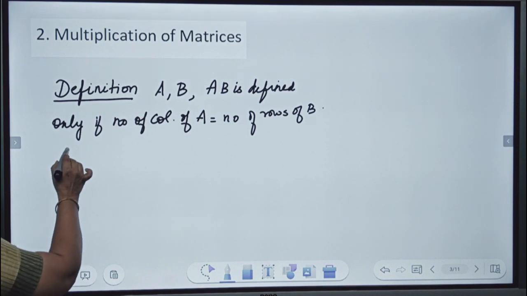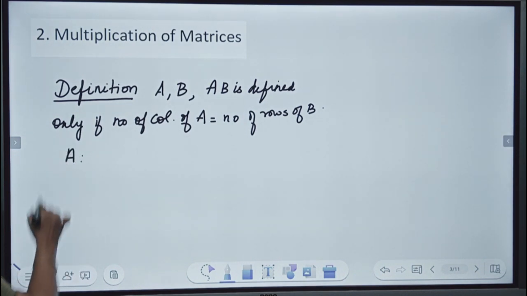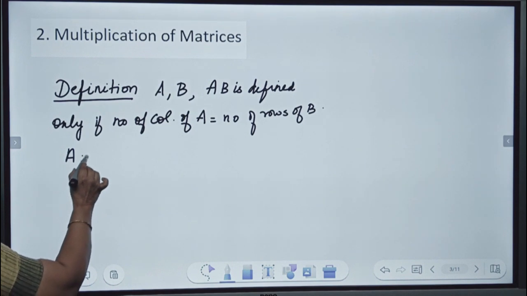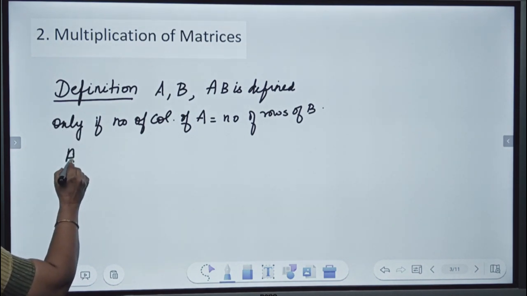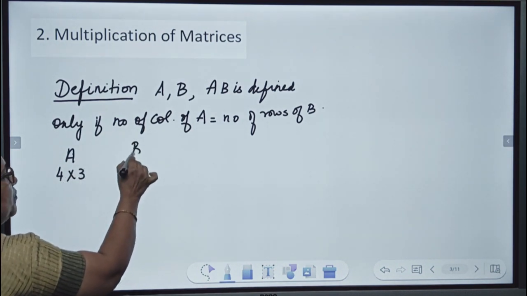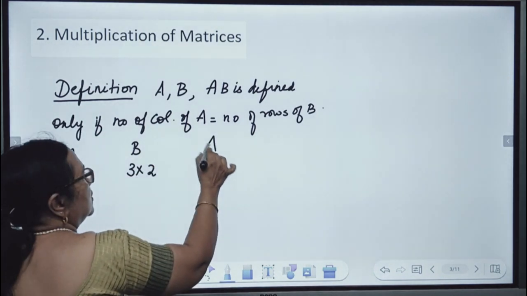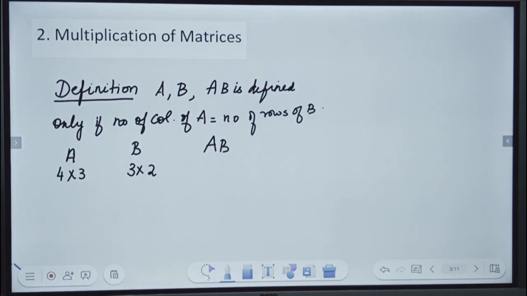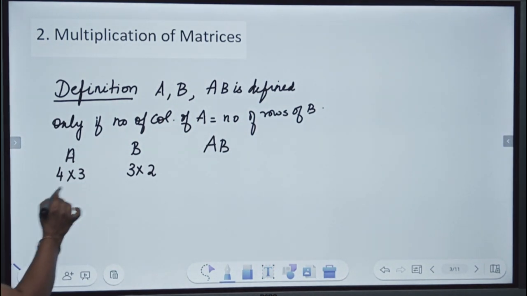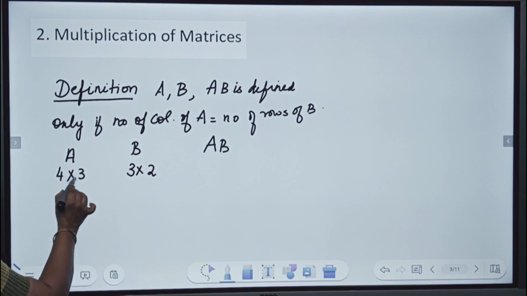Okay, so let us suppose A is a matrix of order 4 by 3 and B is a matrix of order 3 by 2. Is AB defined? This is row and this is column.